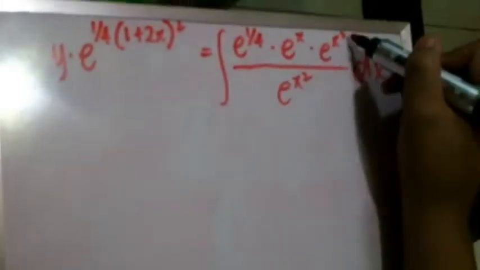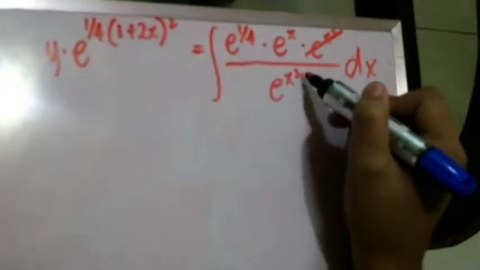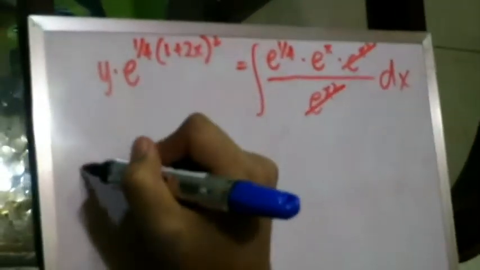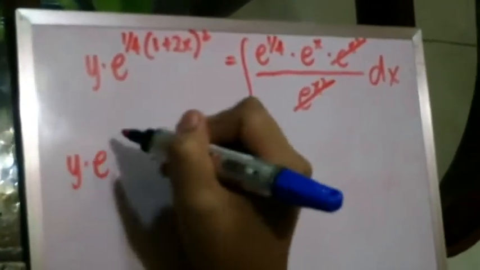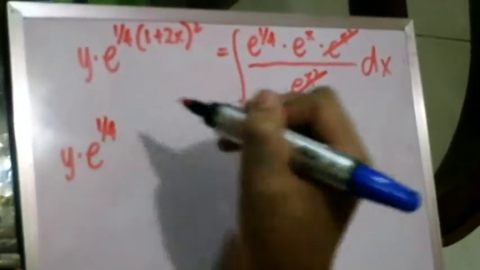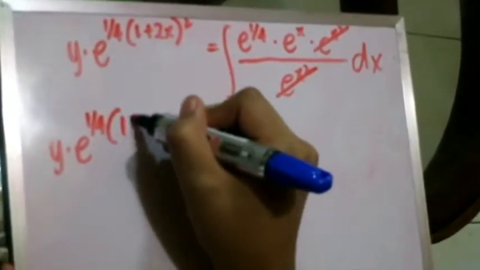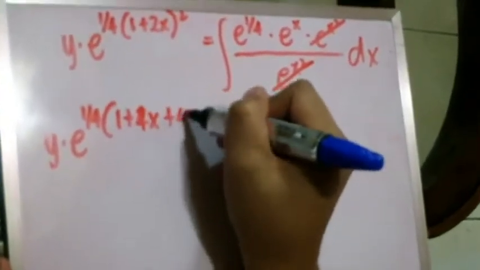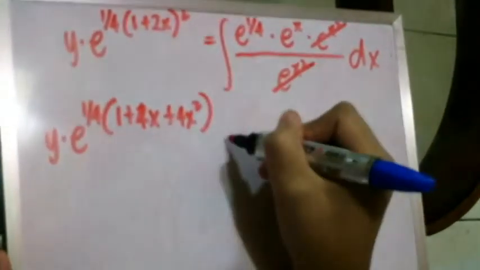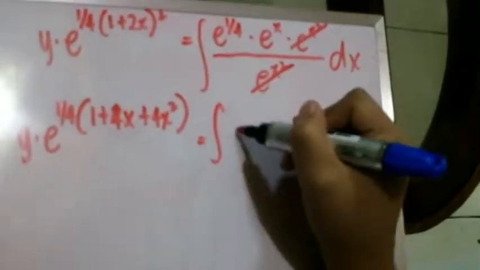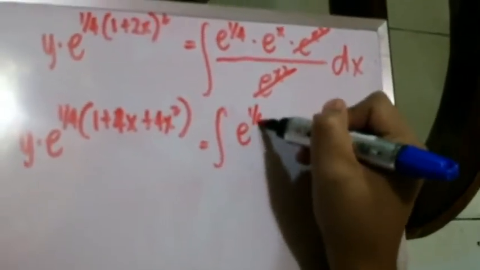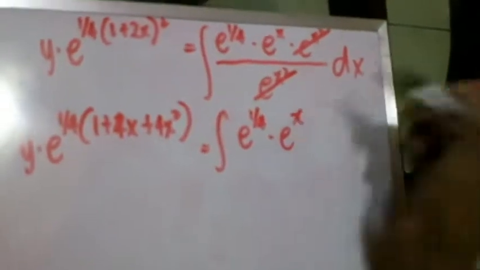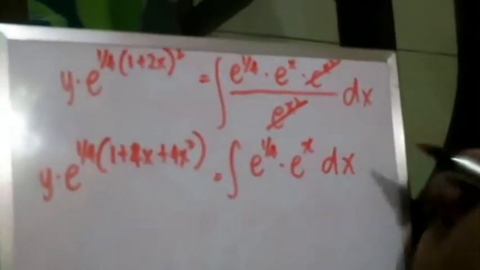On the right side of the equation, we can slash out e raised to x squared. So our new equation is y times e raised to 1/4 times 1 plus 4x plus 4x squared equals the integral of e to the 1/4 times e to the x dx.